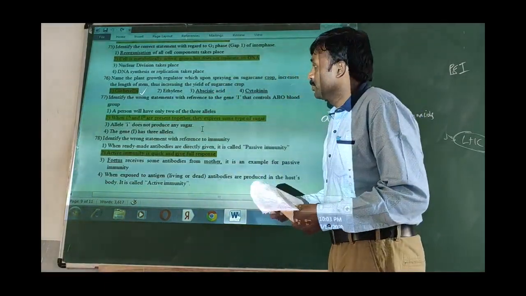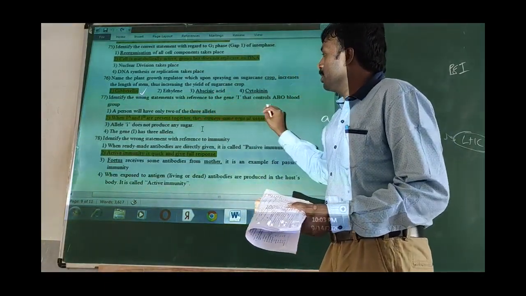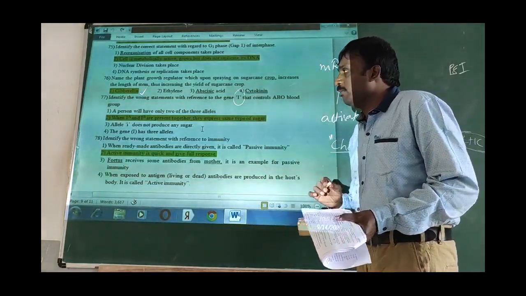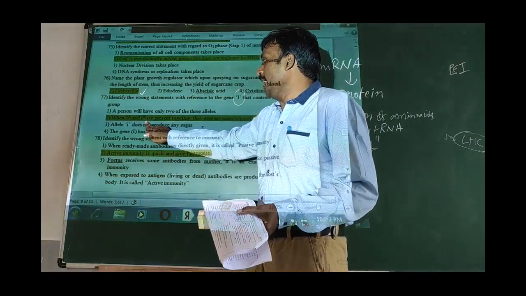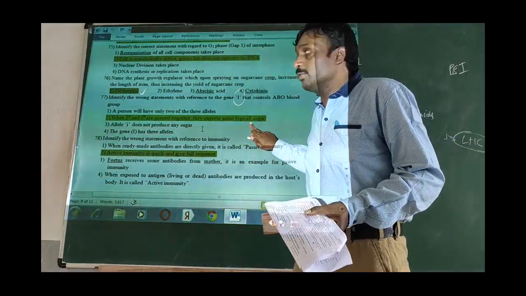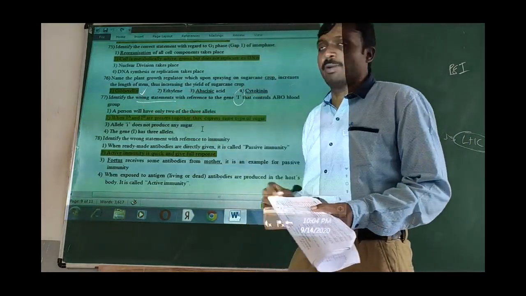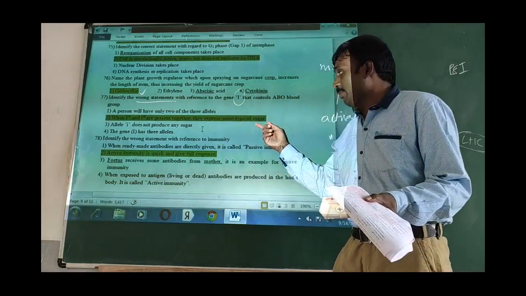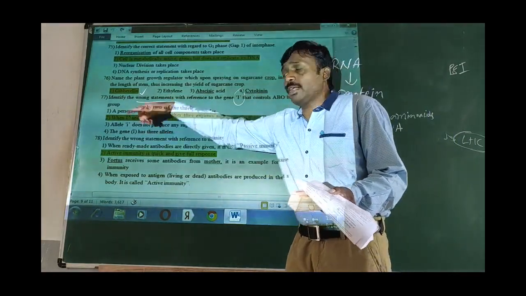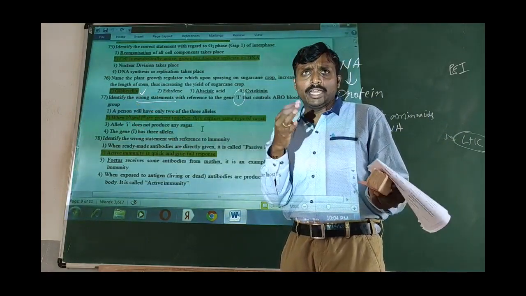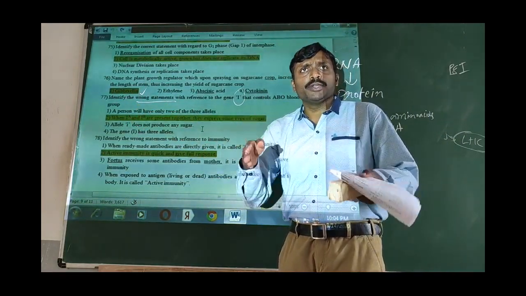Okay. Then identify the wrong statement with reference to gene I that controls ABO blood group. So when IA and IB are present together, they express the same type of sugar. So they want a wrong statement. So when IA and IB are present together, how can they represent same type of sugar? IA represents some other sugar, IB represents some other sugar, right? So they are individual alleles.